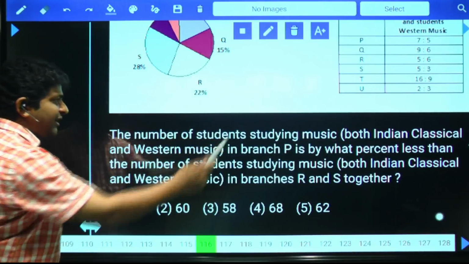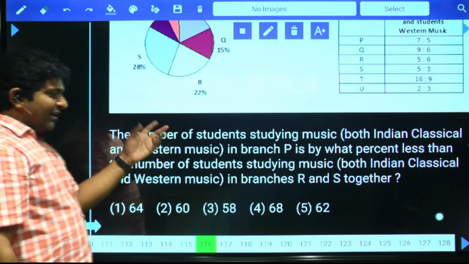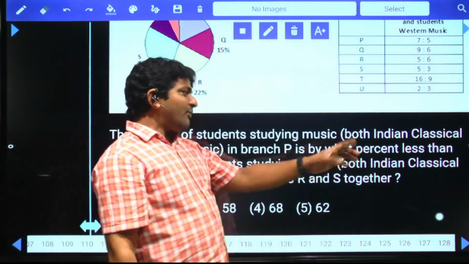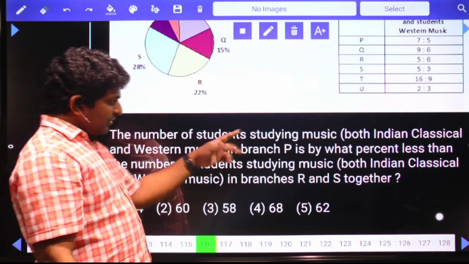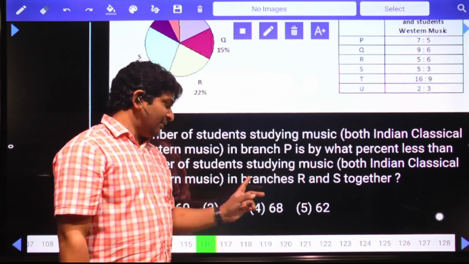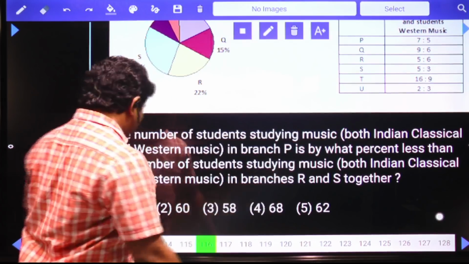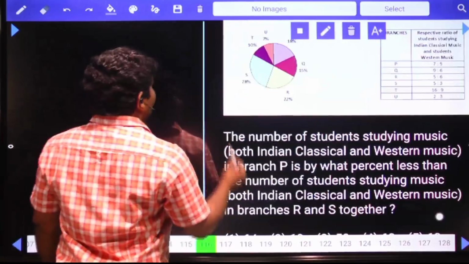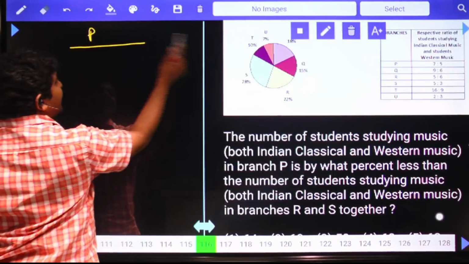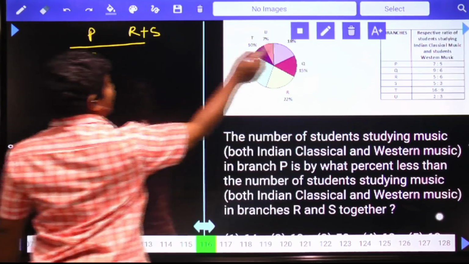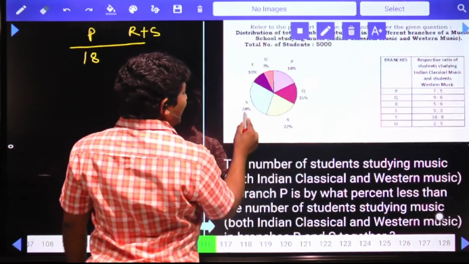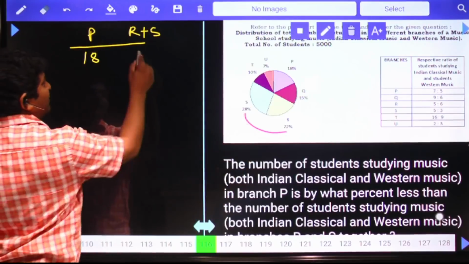Number of students studying music, both Indian and Western in branch P is by what percentage less than number of students studying music, both Indian and then Western from branches R and then S. P is equal to 18%. R and S together, that is equal to 50.